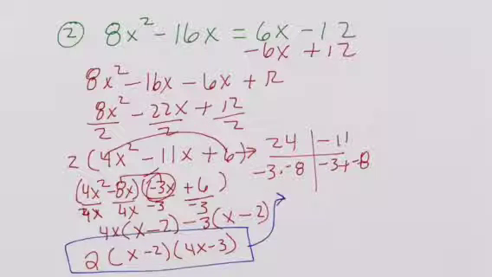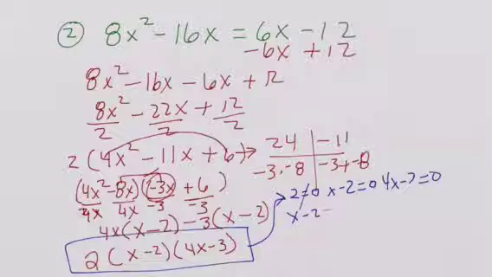If I'm solving, I'm going to do 2 is equal to 0, x minus 2 is equal to 0, and 4x minus 3 is equal to 0. So 2 can never equal 0, so x minus 2 equals 0. We're going to go ahead and zero pair out the 2, so x equals 2. And we're going to do 4x minus 3 is equal to 0.